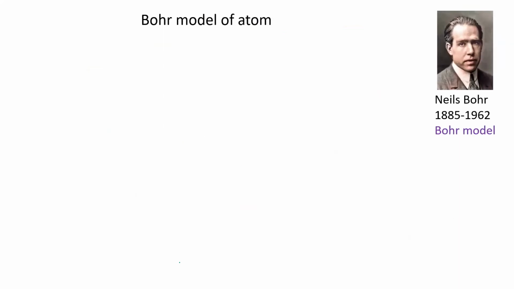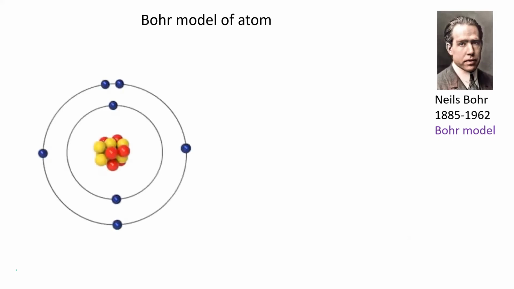Next, Niels Bohr. Niels Bohr proposed a very important idea about the structure of the atom. He combined all the knowledge he had from previous scientists and his own experiments. He came up with a solar system model for the atom. He's the first one to mention that the electrons are in orbits.